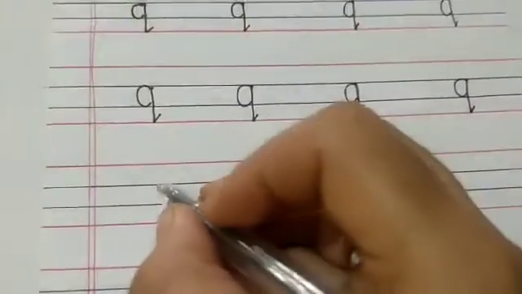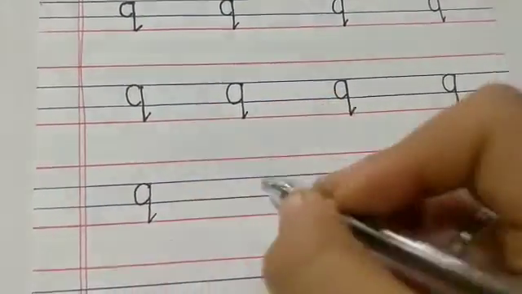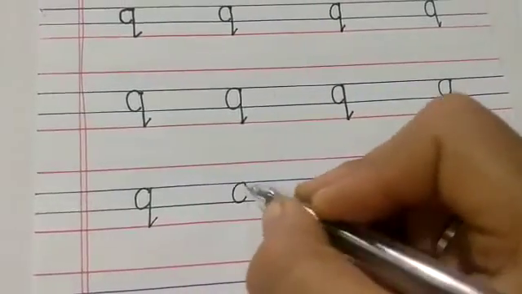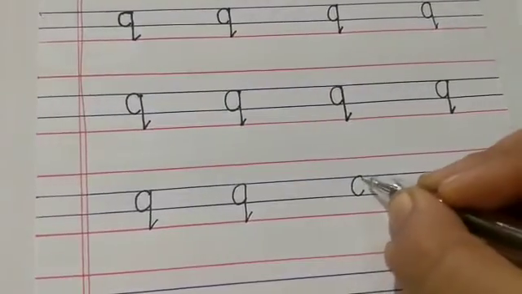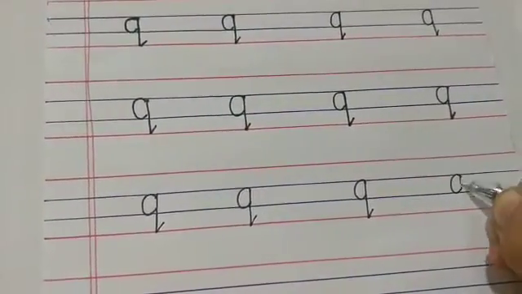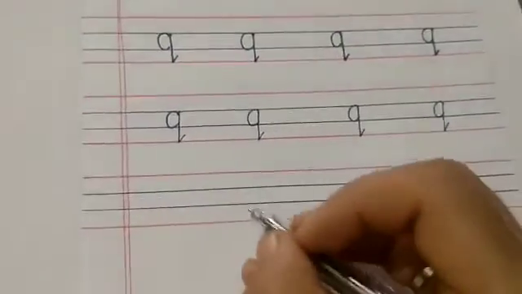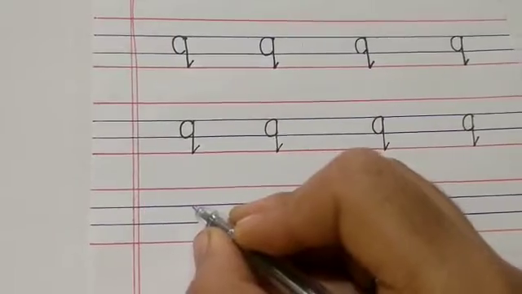This is small q. So we will write like this: small q, small q, small q, small q. I hope you all children understand.